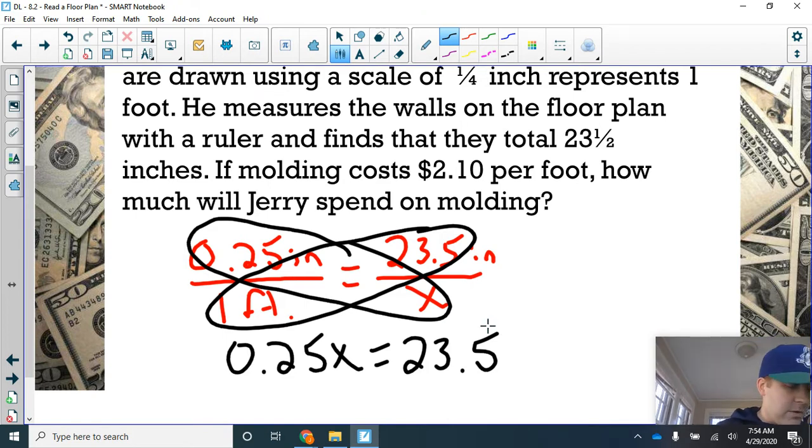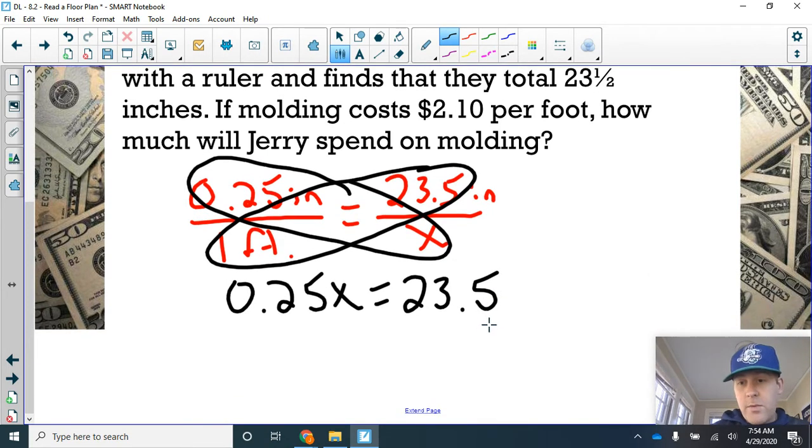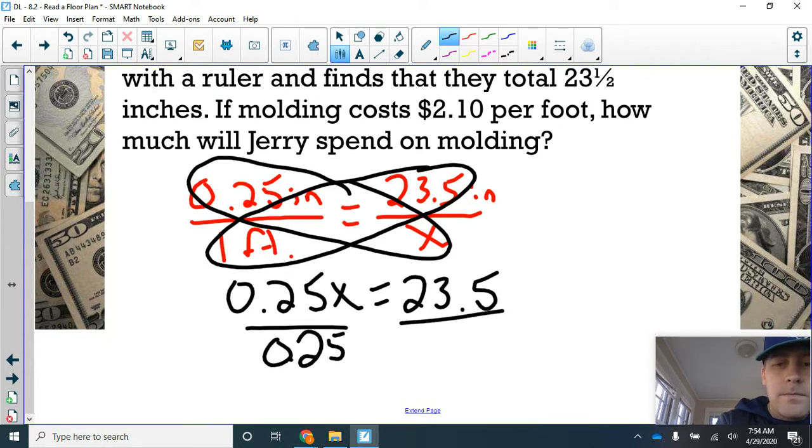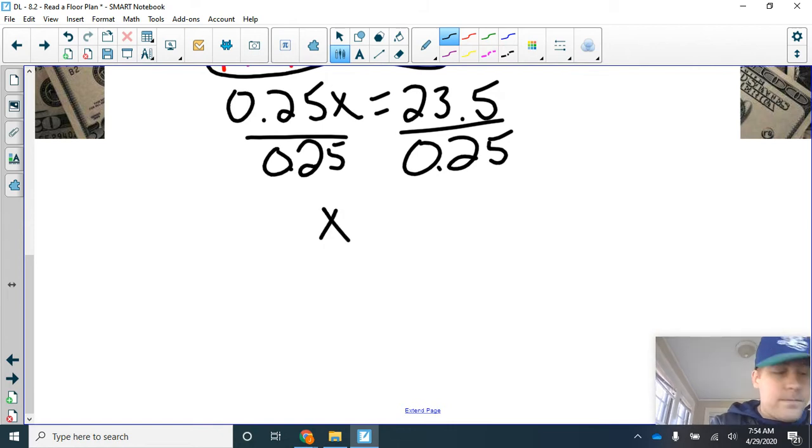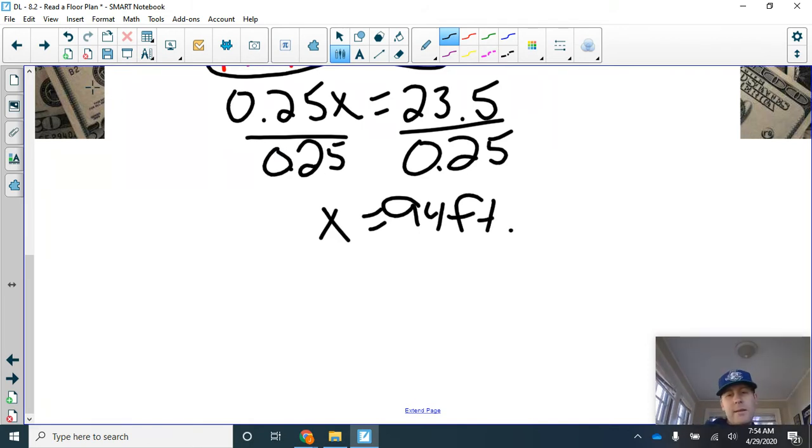Now we want to solve this equation, so I'm going to get x by itself by dividing both sides by 0.25. 23.5 divided by 0.25 gives us 94. Since our floor plan is 23.5 inches, that represents 94 feet in real life. So we have 94 feet of base molding that we need to buy.